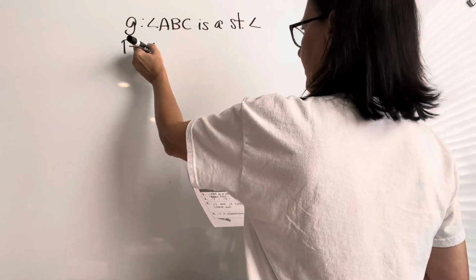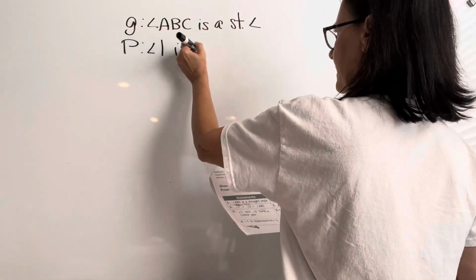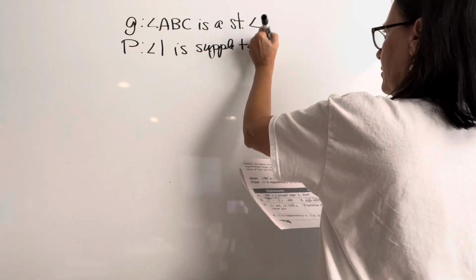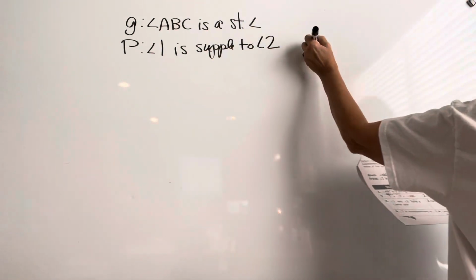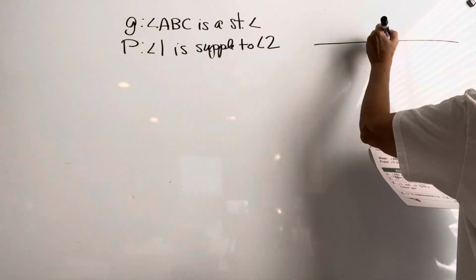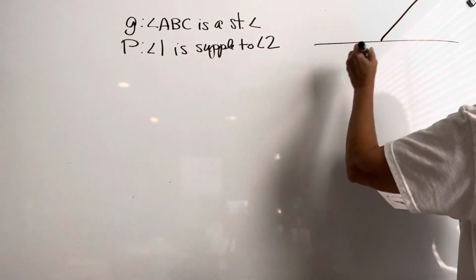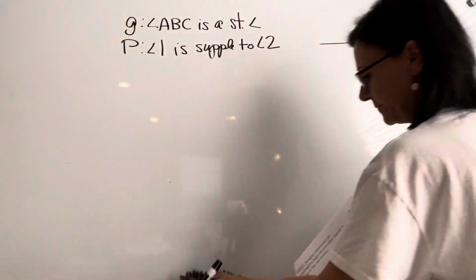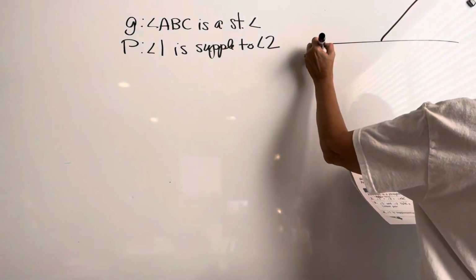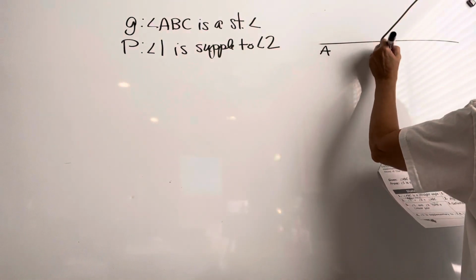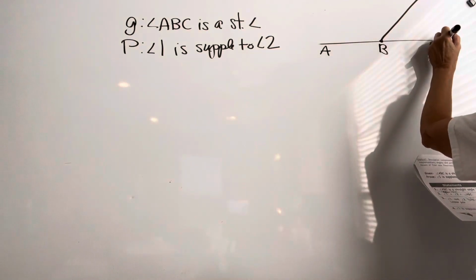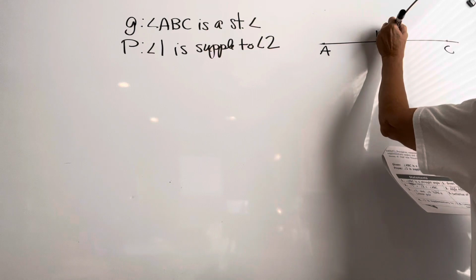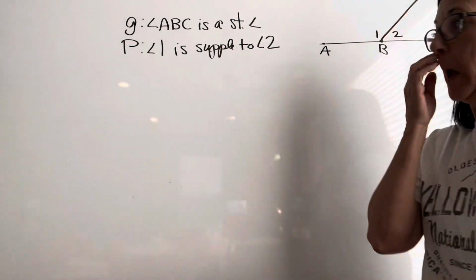And we're going to prove that angle 1 is supplementary to angle 2. All right, so here, that's not B, that's A. Here is A, B, so B is the vertex, and C is over here. They've labeled this angle 1, that angle 2.